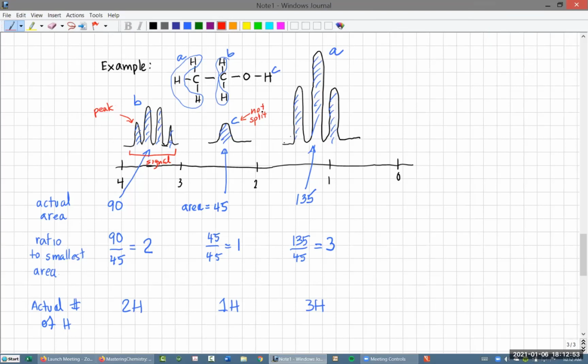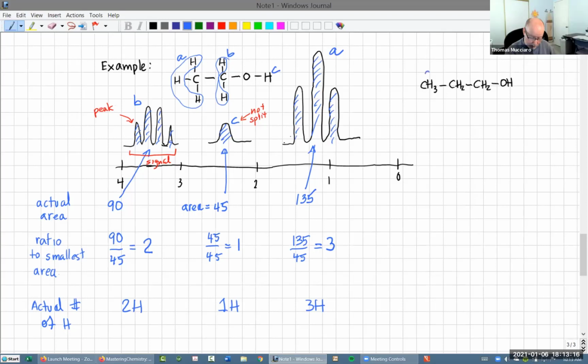Dr. M, quick question. Say you add another CH2 in between, for this example. So let's say it was CH3, CH2, CH2OH, like a propyl instead of... The CH2 hydrogens are no longer identical, right?